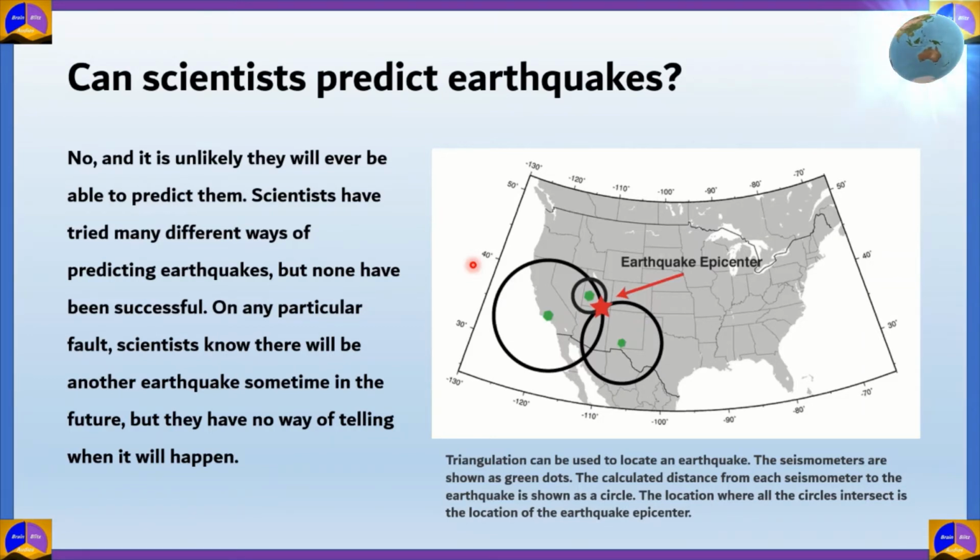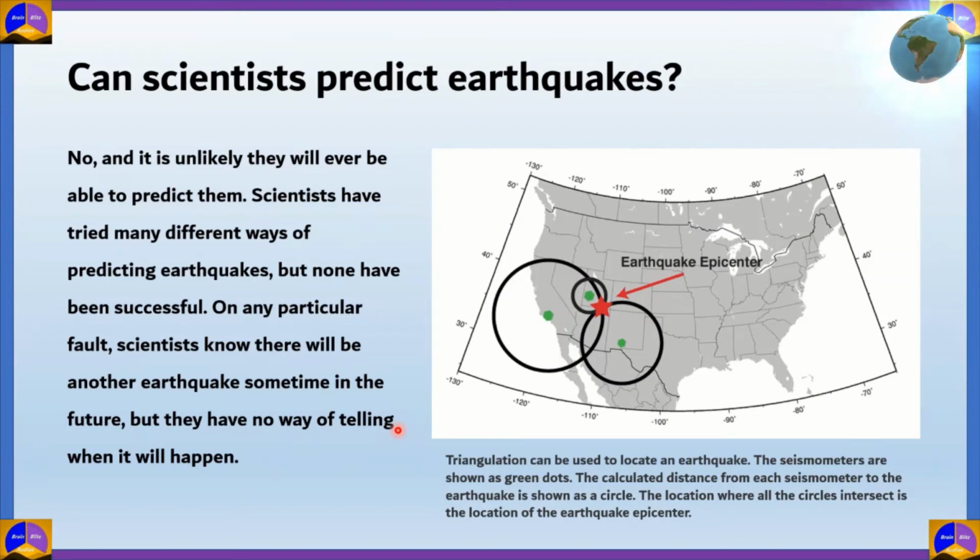The way that scientists currently forecast earthquakes is that they look at the various fault lines, and some fault lines on the Earth are particularly active, so they always keep high alert in these areas, and the other areas are under low alert. On any particular fault, scientists know that there will be another earthquake sometime in the near future or the far future, but they have no way of telling when and where it can happen.